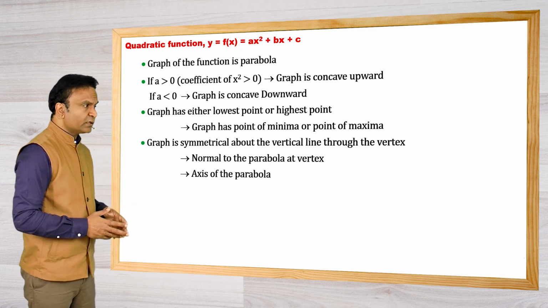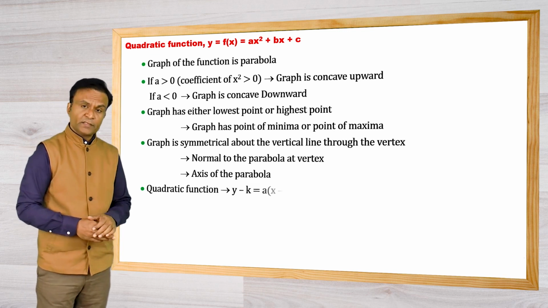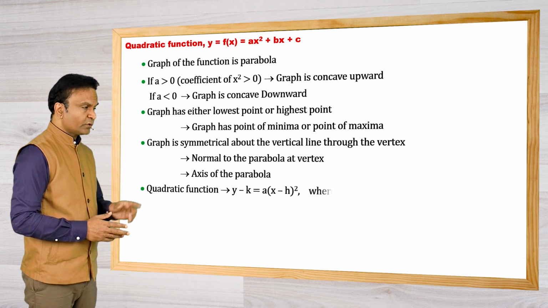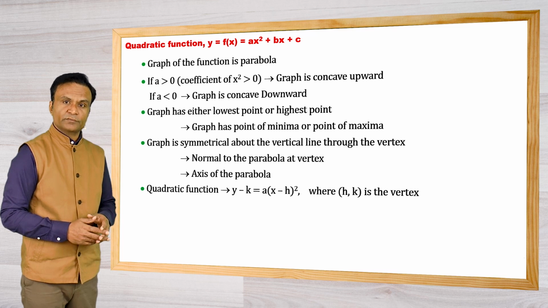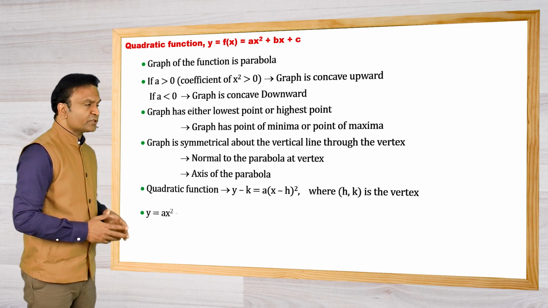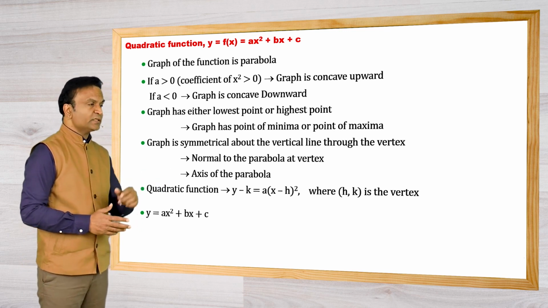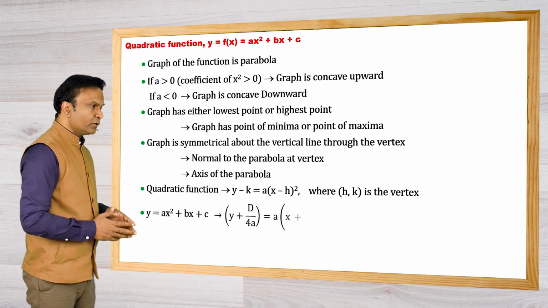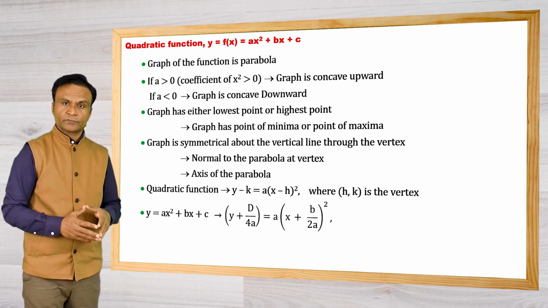Also we understand that we can put any quadratic function in the form y - k = a(x - h)², where (h, k) is the vertex of the parabola. For this, the quadratic function y = ax² + bx + c can be put in this form: y + D/4a = a(x + b/2a)².